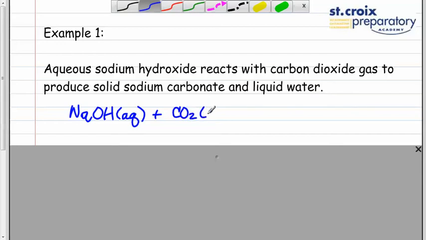CO2, to produce sodium carbonate and liquid water. Sodium again has a charge of +1, carbonate a charge of -2, which means I need 2 sodium here to balance my formula.